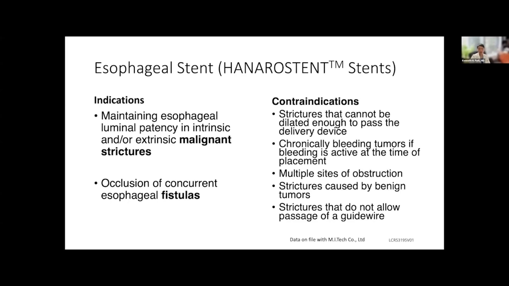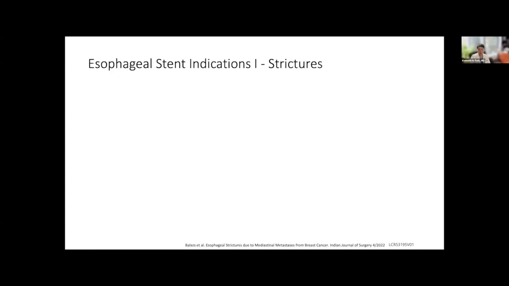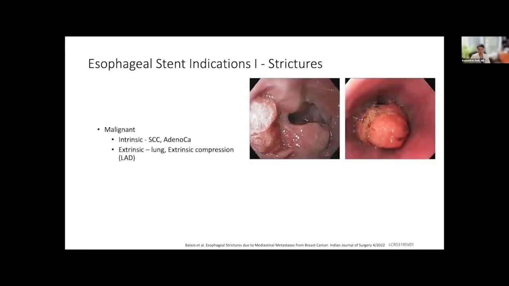Benign strictures we talked about. And also if there are multiple sites of obstruction, let's say a patient with carcinomatosis and multiple sites of obstruction, opening up just one area is not necessarily going to help the patient, so it's not indicated. Malignant strictures are some of the ones that we see very frequently: squamous, adenocarcinoma.